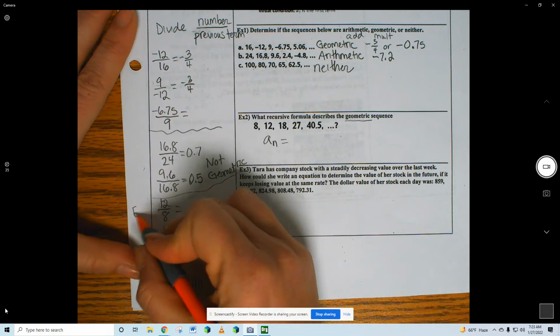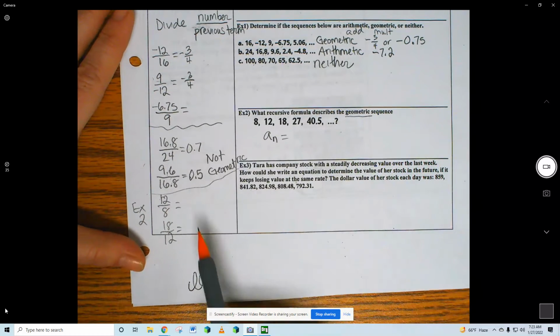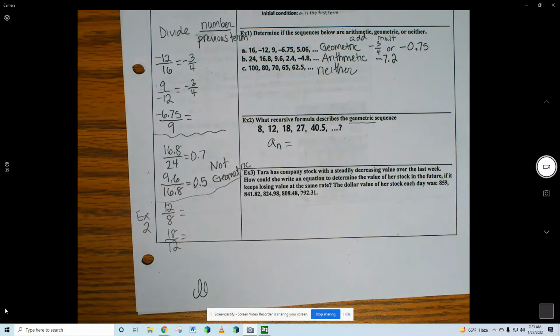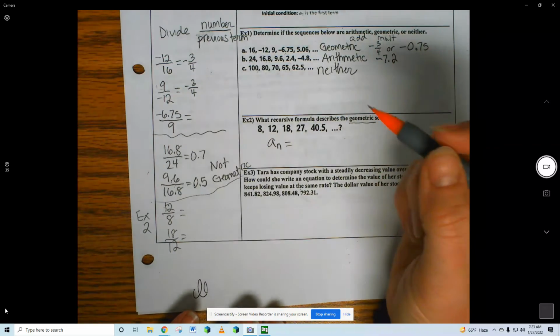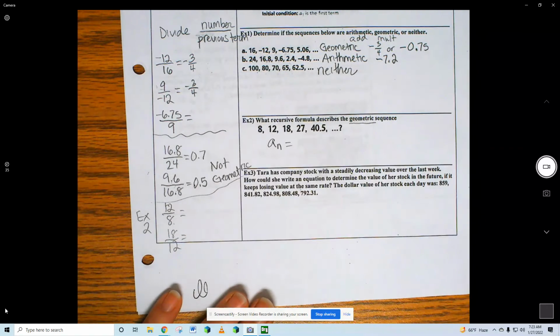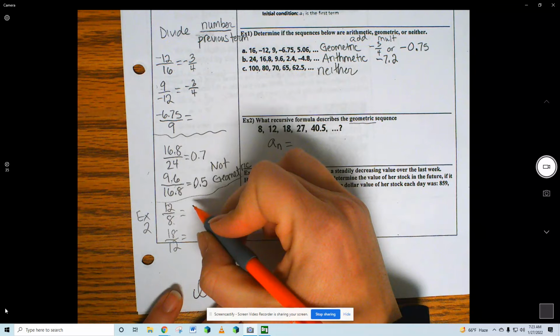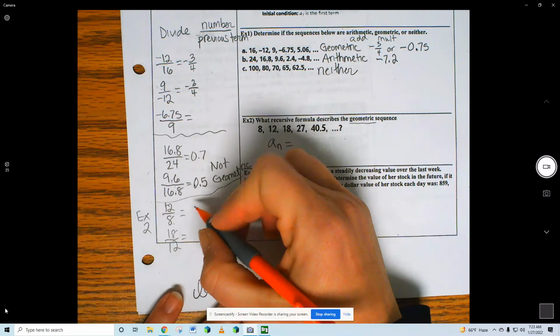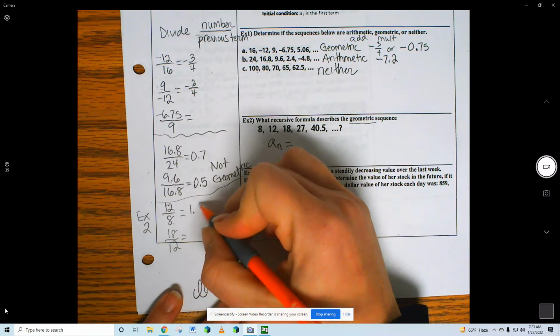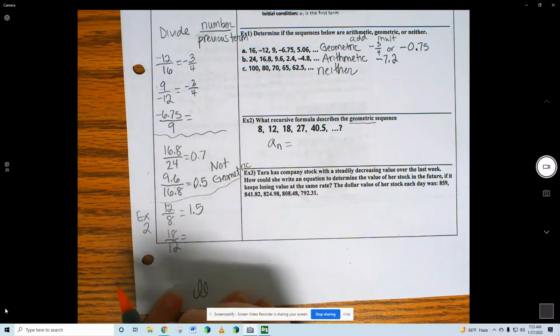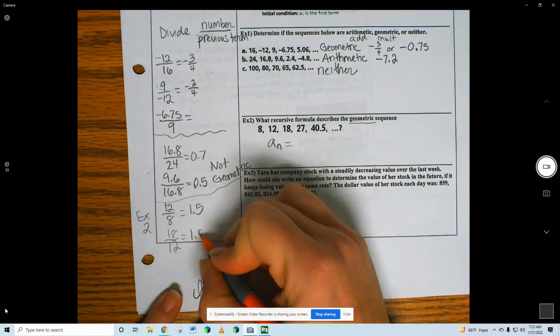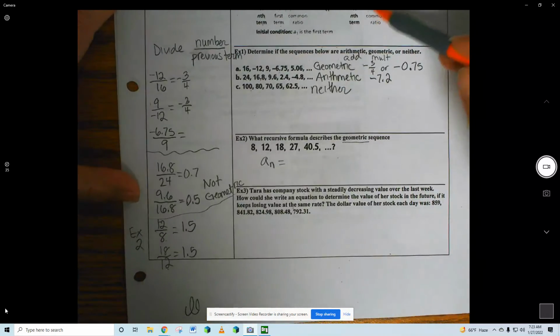This is example 2. 12 over 8, 18 over 12. Is that the same common ratio? What's 12 divided by 8? 1.5? What's 18 divided by 12? Oh, perfect. That means, here's the formula.